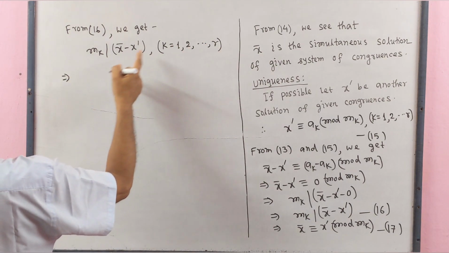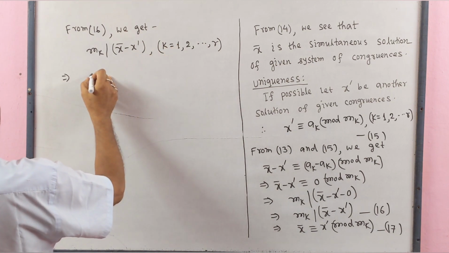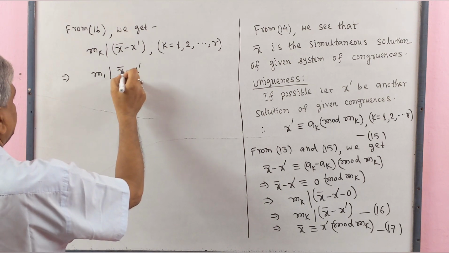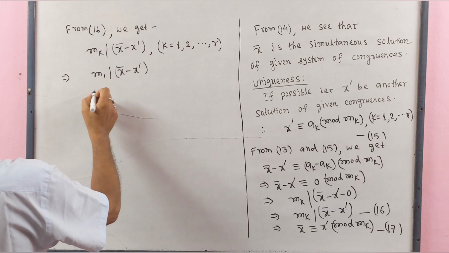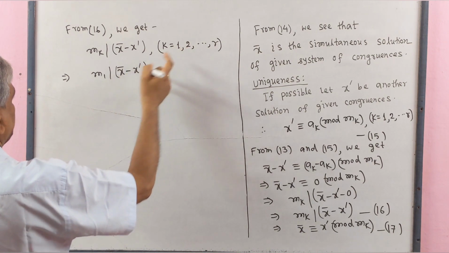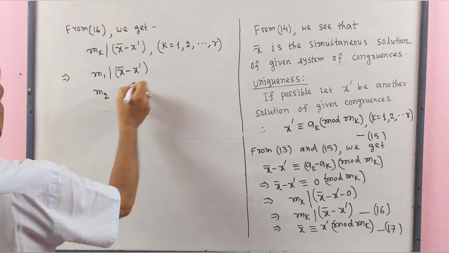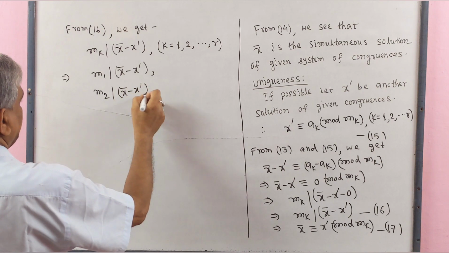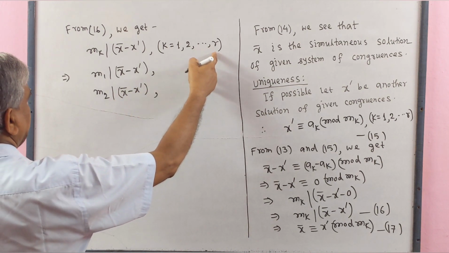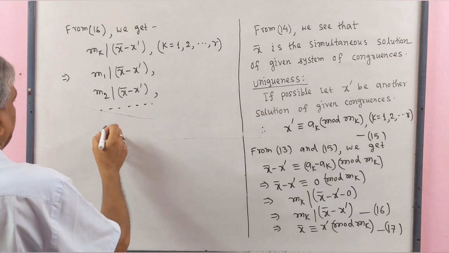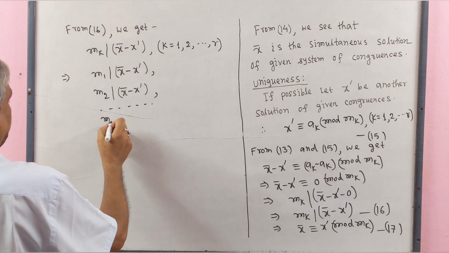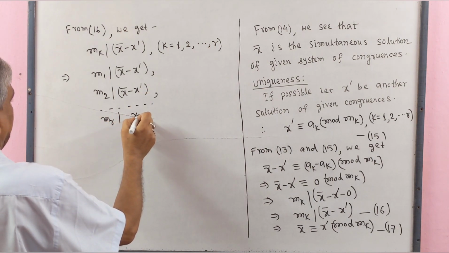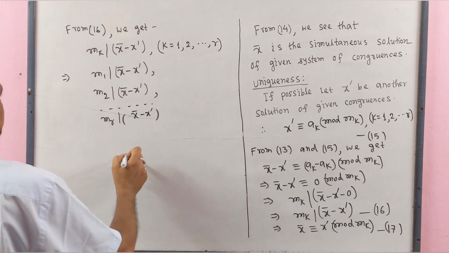Implies that if we put k equal to 1, then m1 divides x bar minus x prime. If we take k equal to 2, m2 divides x bar minus x prime. Similarly, we take different values of k; if k equal to r, m_r divides x bar minus x prime.